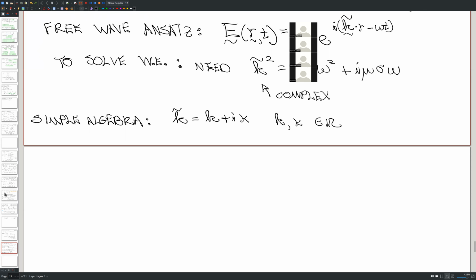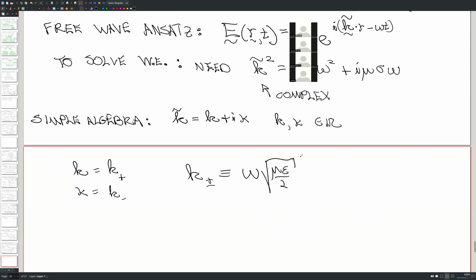And k is equal to k plus, and κ is equal to k minus, where k plus and minus are just some combinations of the things. So it's proportional to omega, mu. I'm just writing the answer. It's really just straightforward algebra.